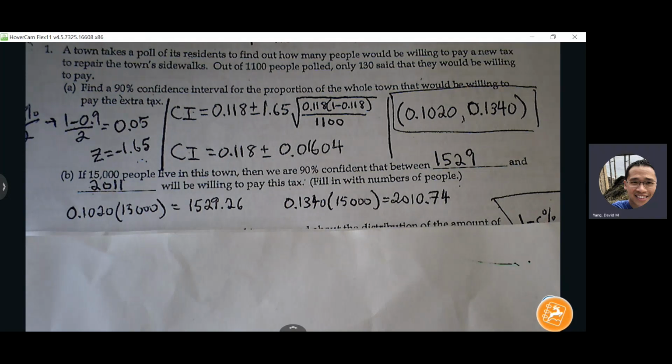So we know 10.2% of 15,000 people, that's 1530. And then 13.4% of 15,000 is 2010. So between 1,500 and 2,000 people are willing to pay this tax, out of the 15,000.